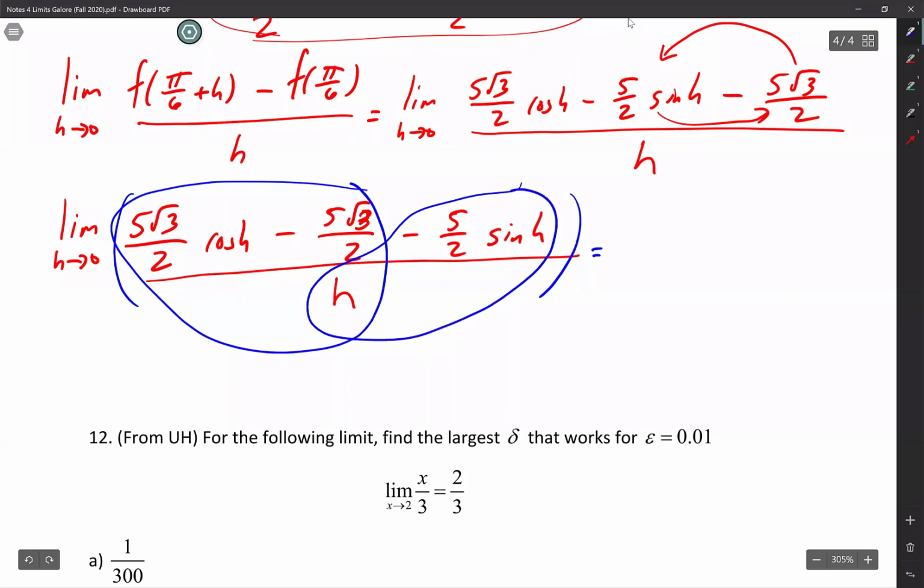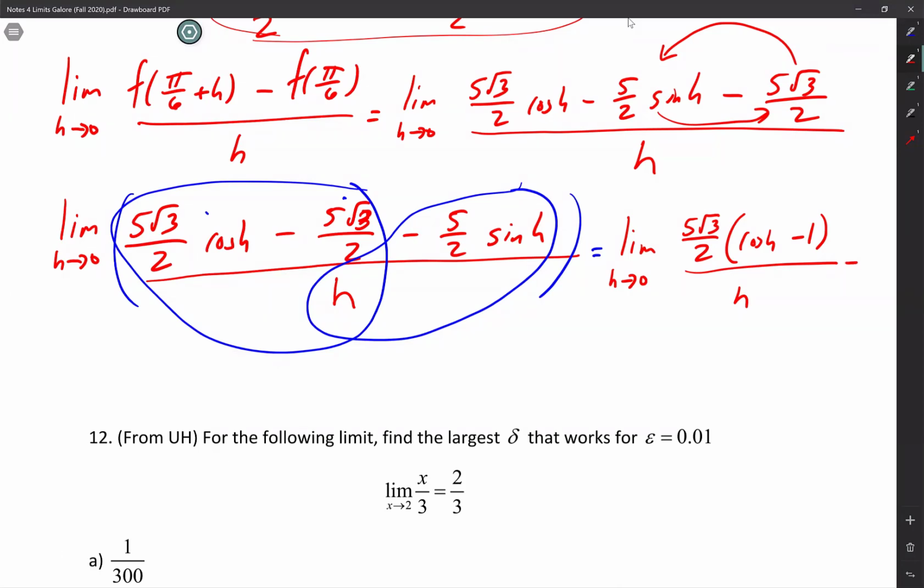It's all divided by h, so it's the same thing as one term divided by h, one term divided by h. So I'm going to take these two terms here, and I'm going to factor out a 5 square root of 3 over 2. Let me see if I can do that. Limit, and then a little bit we'll clean it up, as h approaches 0. 5 square root of 3 over 2, parenthesis, cosine h minus 1, close it, all over h, minus, and then I still have this part here.